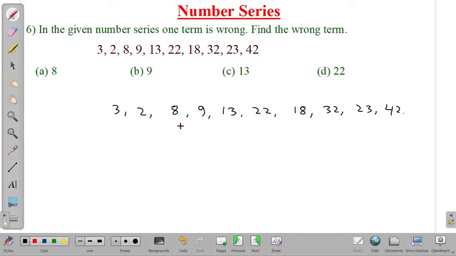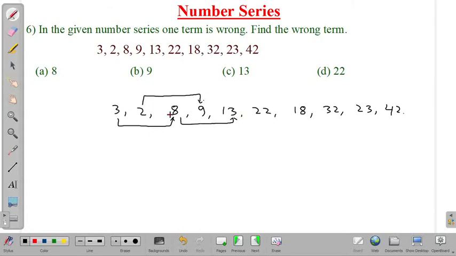So what we will do, we will see the alternate terms, whether any logic can be applied here. We will compare these two terms, and alternate terms we will compare. As we can see, all the terms are not increasing rapidly, so it must be a different type of problem. Okay, so we will try to find the difference between alternate terms.